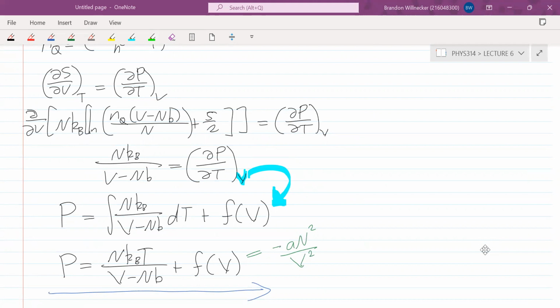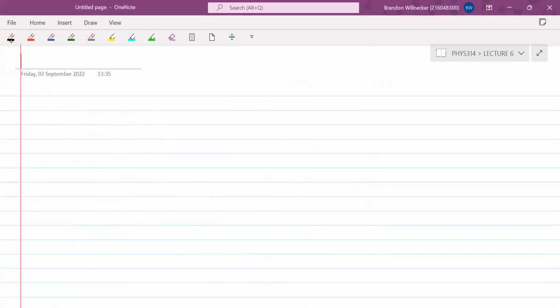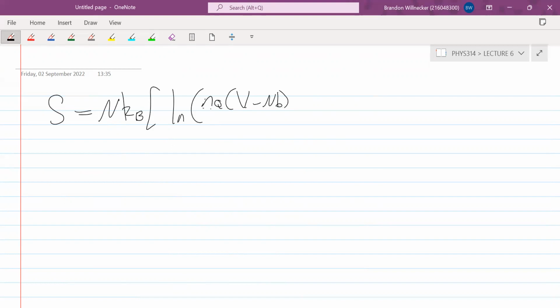The next thing to find is the internal energy. Let's have a look at that. Let's just rewrite that entropy again, we're going to need it. S was NkB natural log of nQ (V minus Nb) over N plus 5/2.